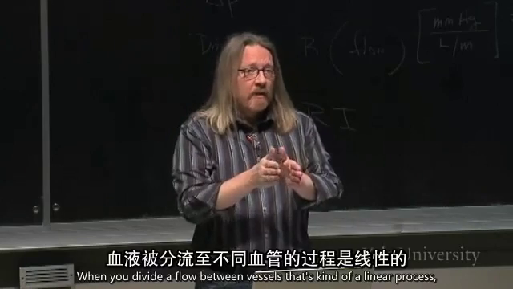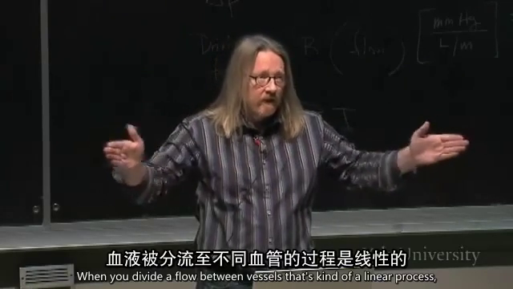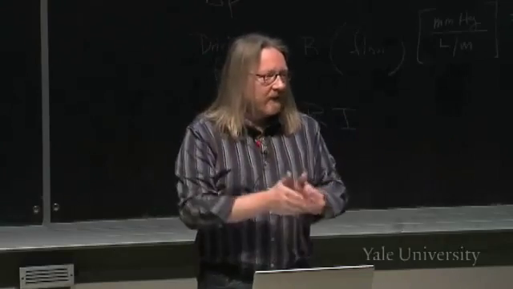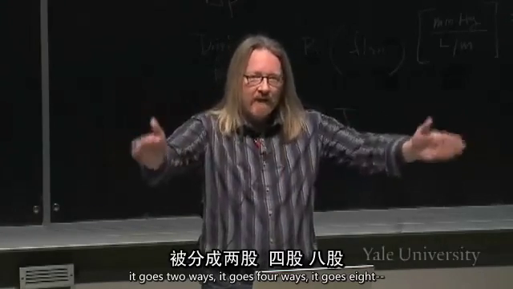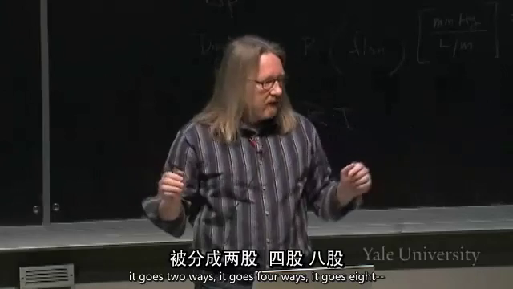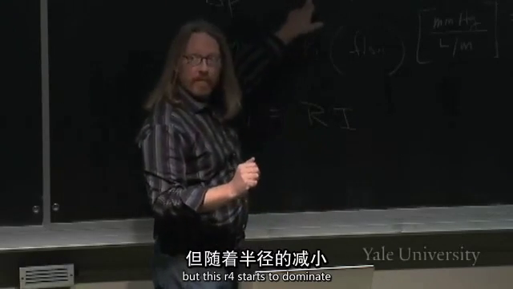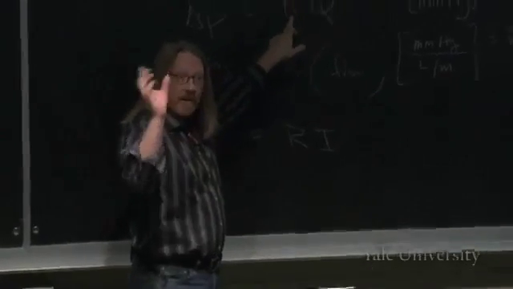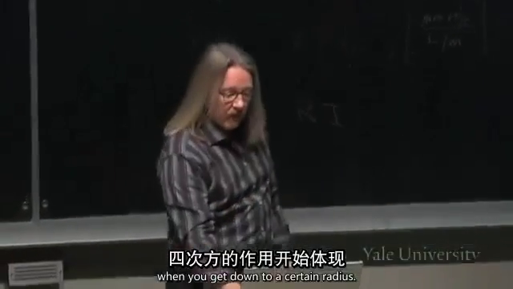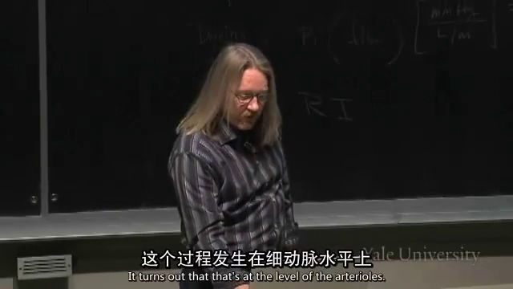When you divide a flow between vessels, that's kind of a linear process, right? It goes 2 ways, it goes 4 ways, it goes 8, but this radius to the 4th power starts to dominate when you get down to a certain radius. And it turns out that that's at the level of the arterioles.